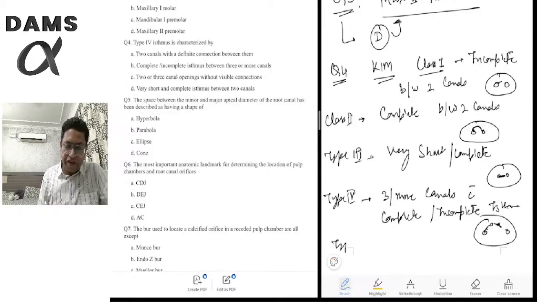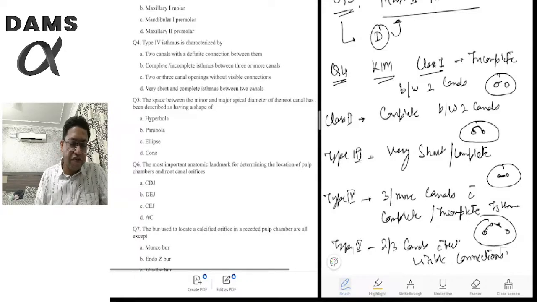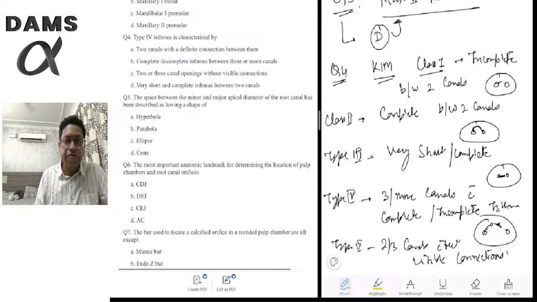And finally, type 5 means 2 or 3 canals without visible connections. So this is the classification. Again, I have repeated it. The question is asking type 4. Type 4 would be 2 canals with a definite connection between them?